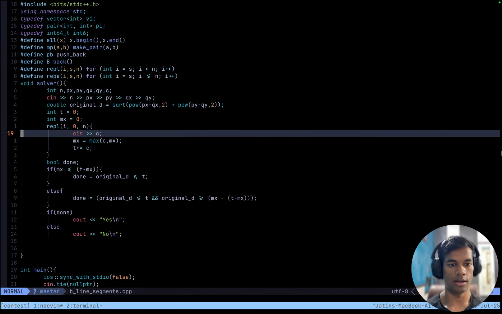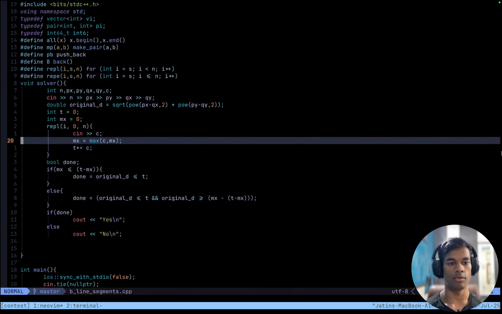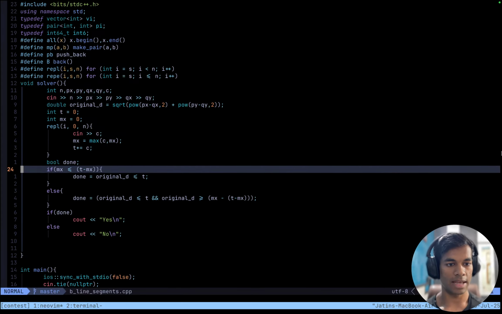T is the total distance, and mx is the maximum distance that I can cover in a single step. When I'm taking input, I am adding every input to t, and I'm taking the maximum, and I have a boolean done. So if maximum is less than t minus maximum, then done equals original distance.